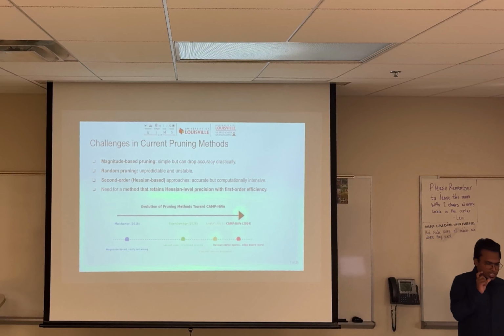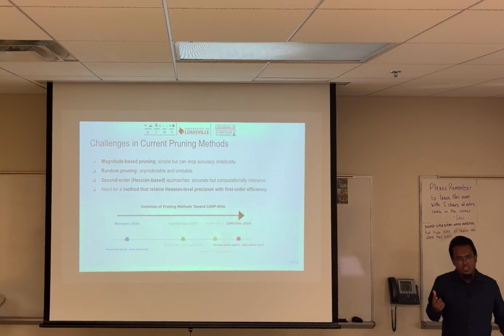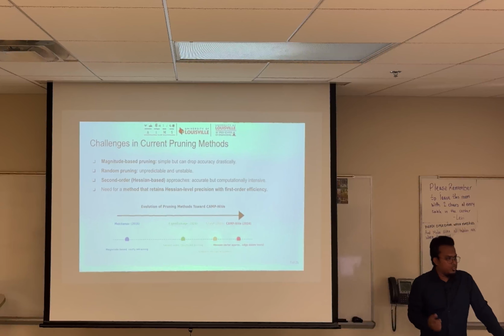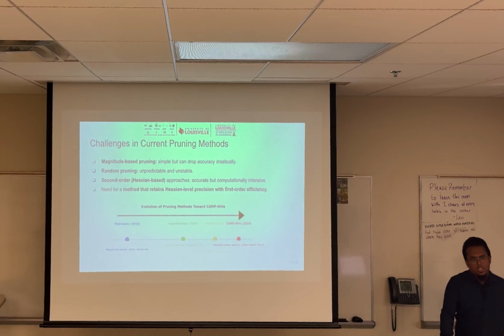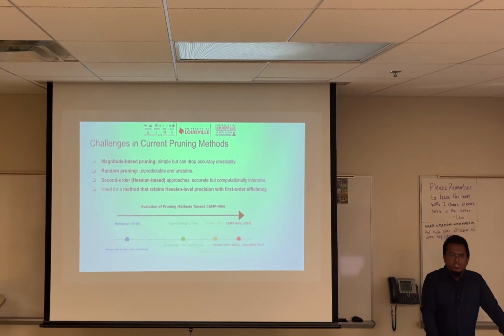Sometimes these weights are redundant, meaning maybe multiple weights, or maybe thousands of weights, carry the same information. This is called redundant information weights. And some of the weights have really small magnitude, so they contribute very little to the model.